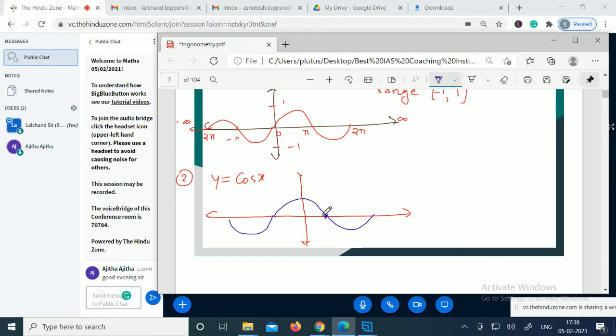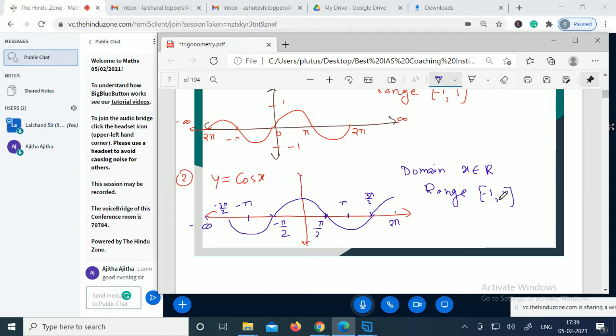This point is pi by 2, this point is pi, this is 3 pi by 2, similarly 2 pi, minus pi, minus 3 pi by 2, this kind of graph. So what is the domain for this? Again minus infinity to plus infinity, so x belongs to R, and the range is the same, minus 1 to plus 1.